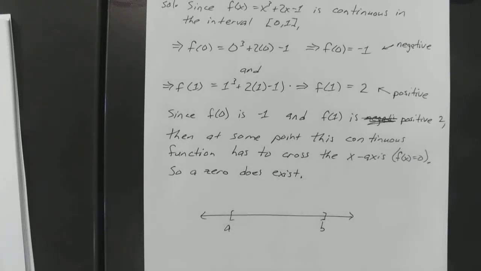Just playing devil's advocate, if those numbers became positive 3 and positive 1, that means zero would not exist, correct? Not in that interval. It may exist outside of that interval if you go further out, but in between, it would have to do some quick dropping.